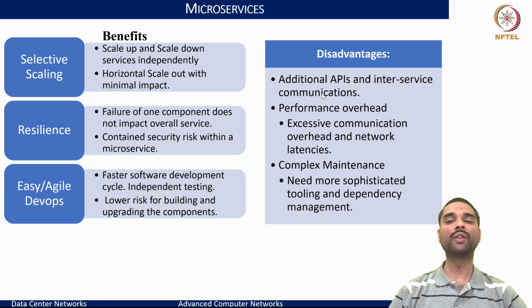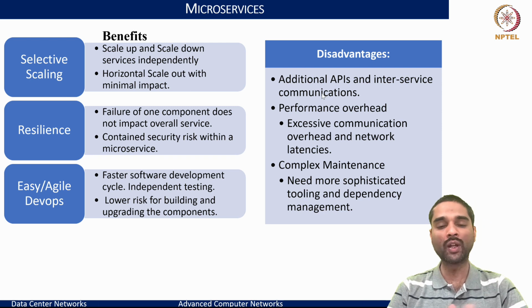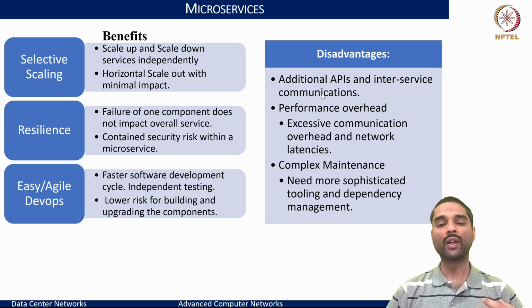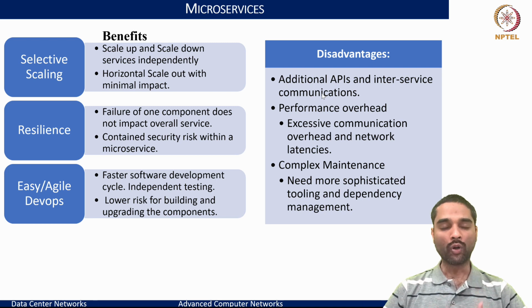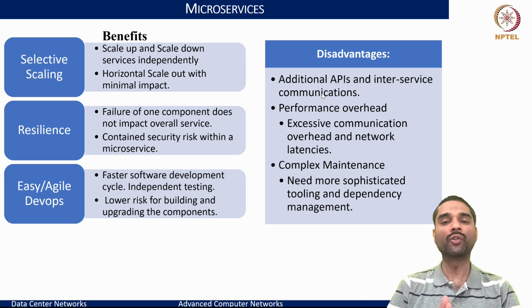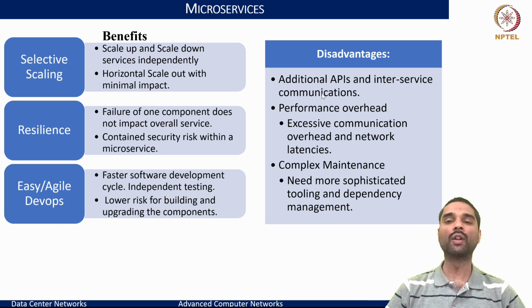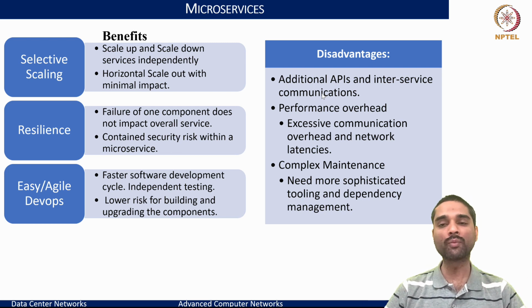The major one is the communication overhead that these microservices add, because now we have decoupled all the components and they have to exchange information between them. So that means there is a need for newer APIs for each of the services to interact amongst themselves, not necessarily the standard APIs that you expect to be given out to the users, but custom APIs that are going to be built to make each of these service components talk to each other.